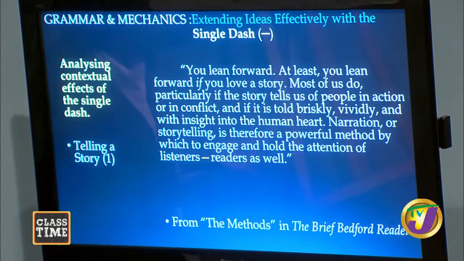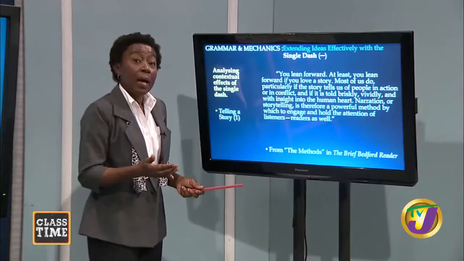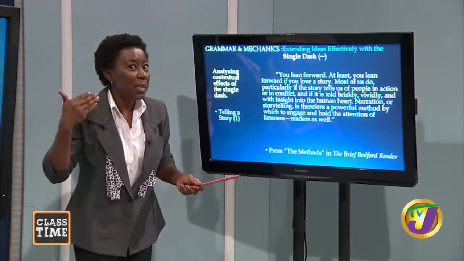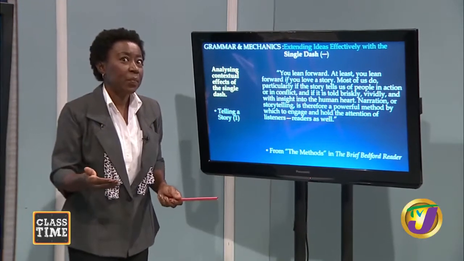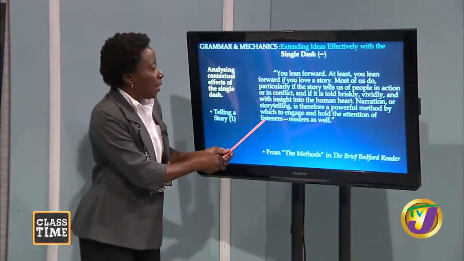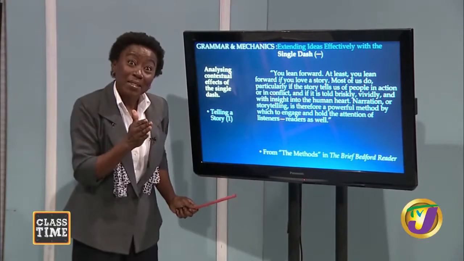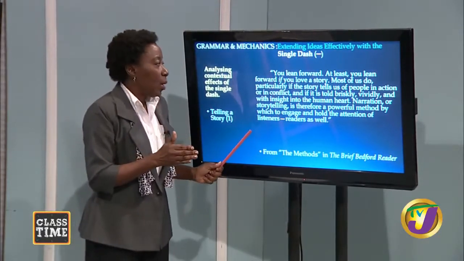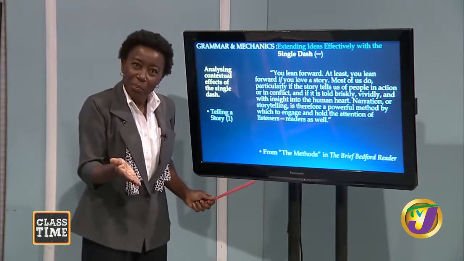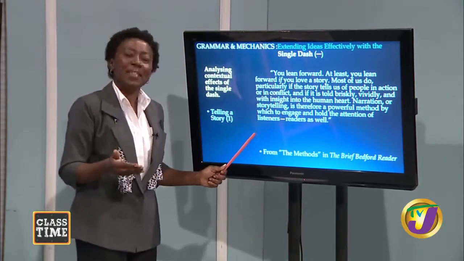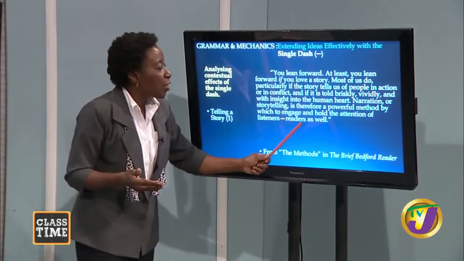When I'm reading, okay, I need to be immersed in reading as well, not just in being immersed in the storytelling. So to make sure that the reader understands that when you are speaking of story, you are not just referring to persons who are listening. You mean readers as well.